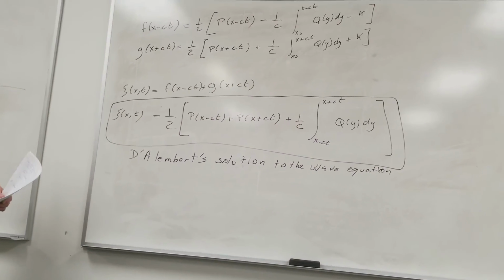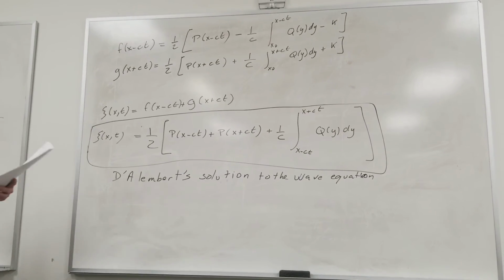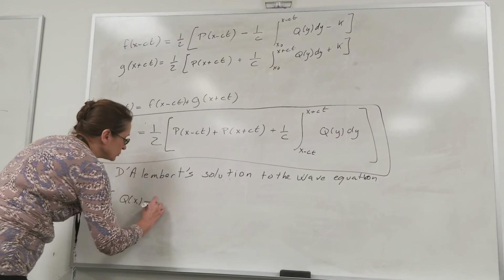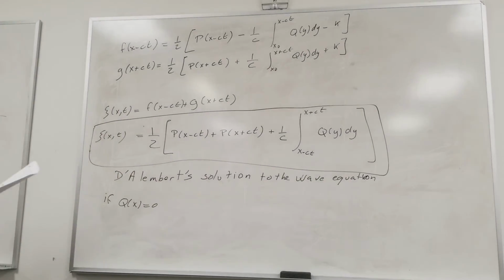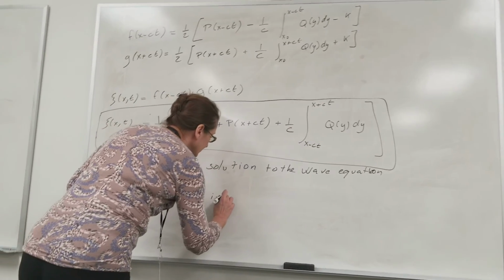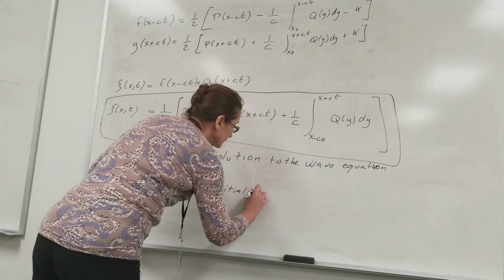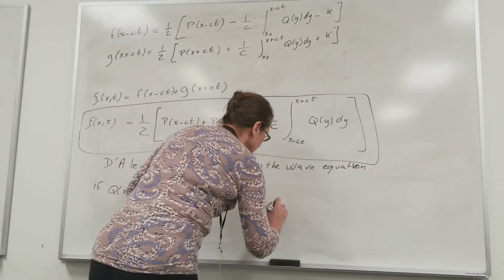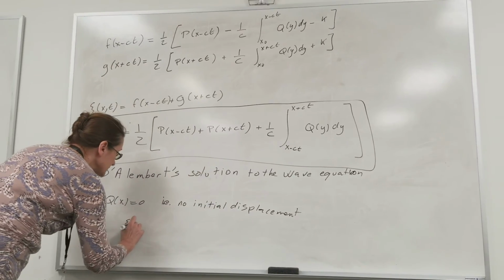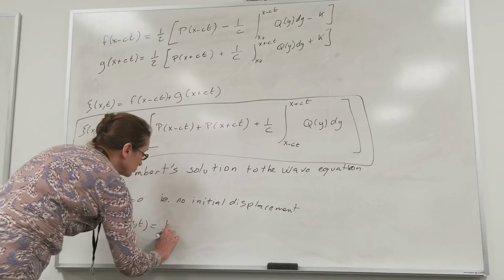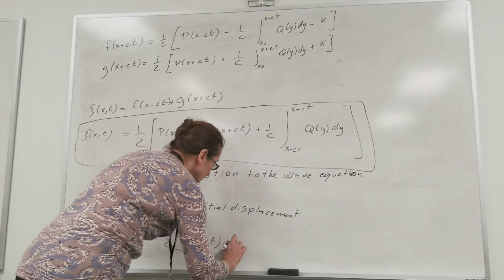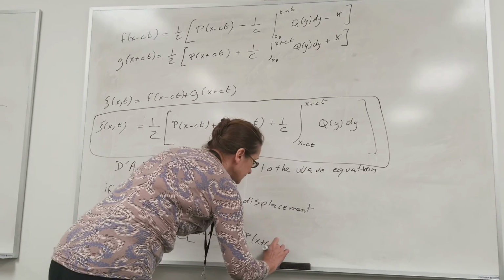Okay, one way to quickly visualize it, and then we'll take a break, is if q of x is equal to 0, so if there is no initial velocity, then our solution becomes zeta of x and t is equal to 1/2 of p of x minus ct plus p of x plus ct.